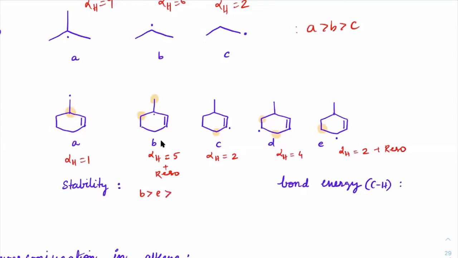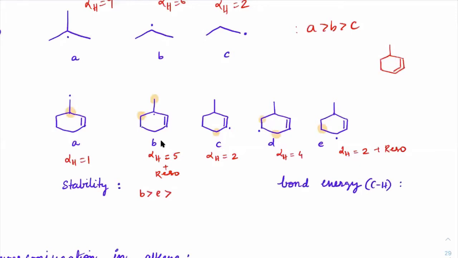Now guys, just check C here. C is on an sp hybridized carbon, so that makes it a highly unstable radical, because this radical cannot shift. Even if you make a double bond, what kind of double bond will you get? You will get a double bond like this. Does this type of double bond exist in a cyclic form, in cyclohexane?